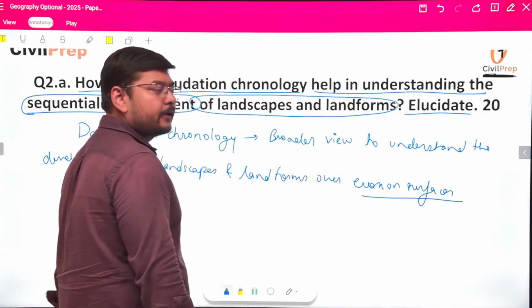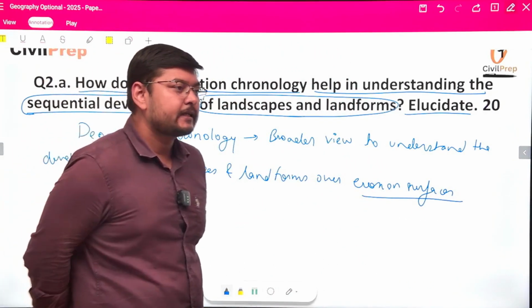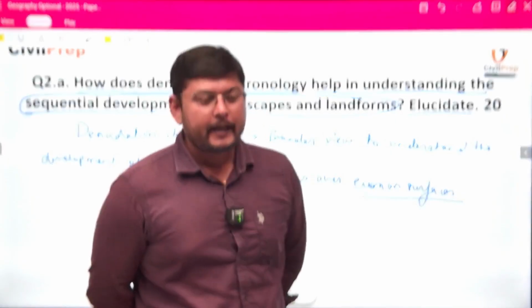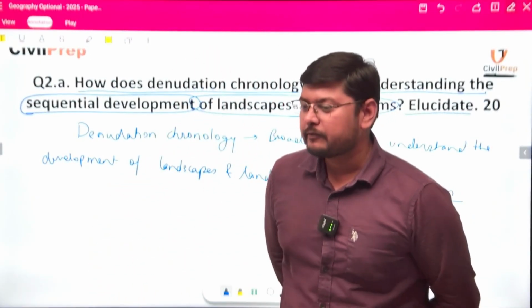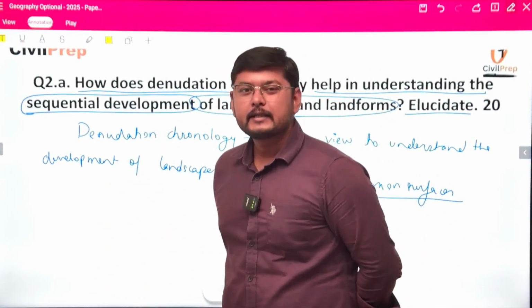Okay, because under the erosion surfaces we study the cycle of erosion and the non-cycle part of the erosion which have been provided under the various theories.